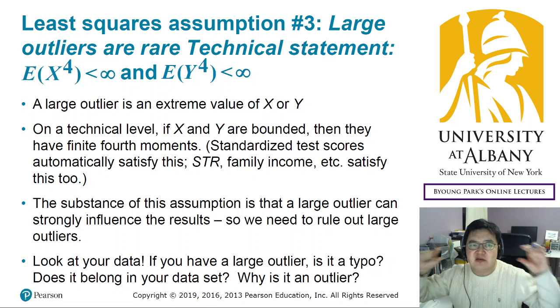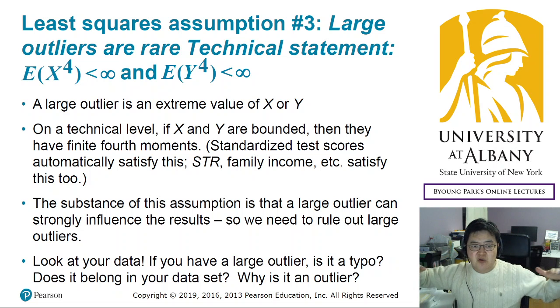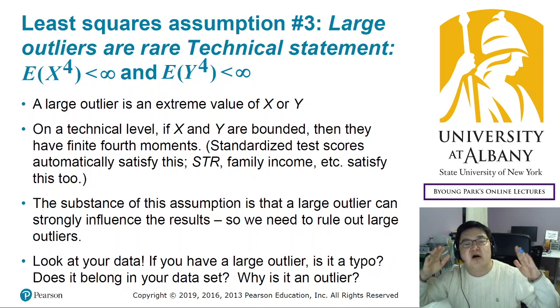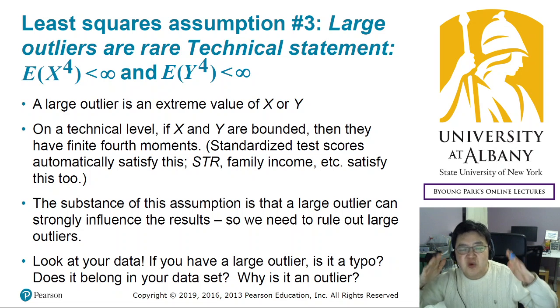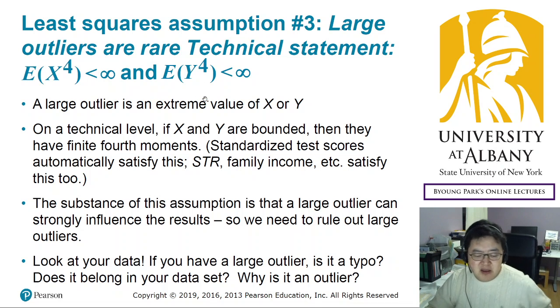So the tail should be thin enough. If it's too thick, then your distribution will go down to zero as you go outside, and it should come down to zero quickly enough without a long tail. Anyhow, mathematically it's hard to verify and hard to check in the data, and usually it's trivial.